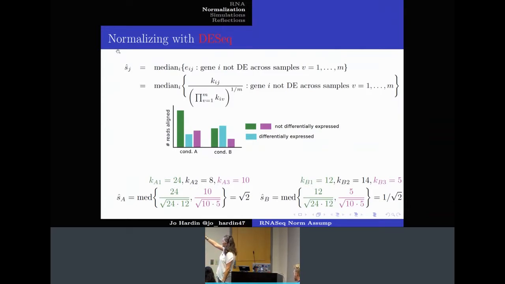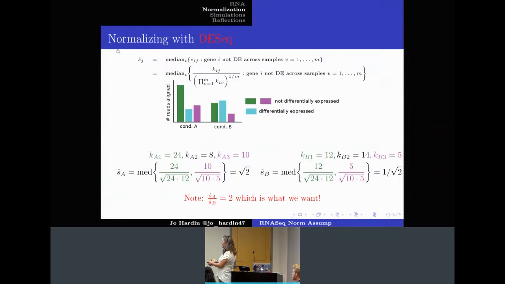Okay, so anyway, I have to do this thing that it told me to do. So I take the median of the counts, Kij, divided by this reference sample idea, and I get my size factor for sample A, condition A, is √2, and my size factor for condition B is 1 over √2.